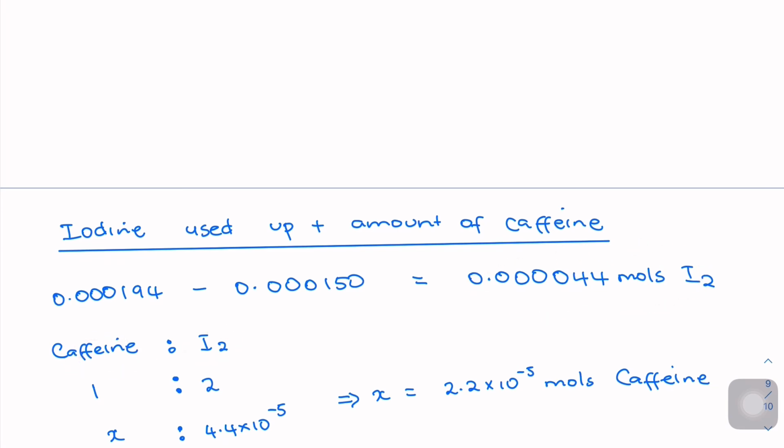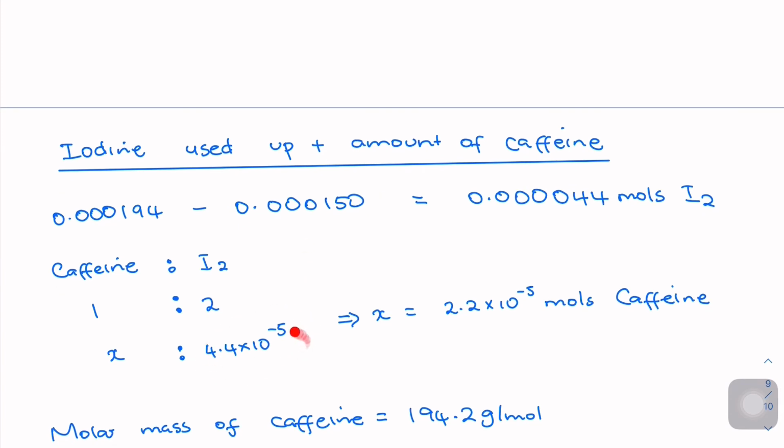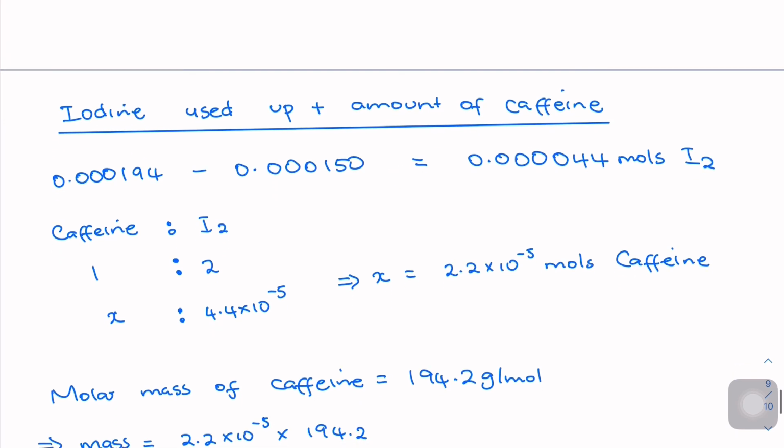Caffeine and iodine mole ratio is also 1:2. So if we put the moles of iodine used, not the iodine left over, but the amount of iodine that was used by caffeine, we can figure out the amount of caffeine that we have, and that comes up to be 2.2 times 10 to the minus 5 moles of caffeine.